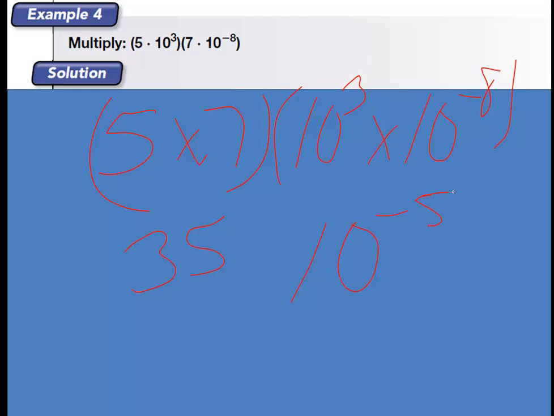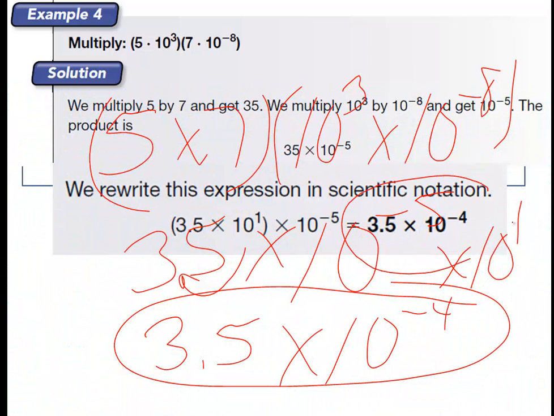So 10 to the negative 5. But I'm not in scientific notation yet. I have to bring this over 1, which gives me a 10 to the 1. So now I've got 3.5 times 10, and negative 5 plus 1 is negative 4. So I've got 3.5 times 10 to the negative 4. Is that the answer you got? I hope it is. And there it is, right there.